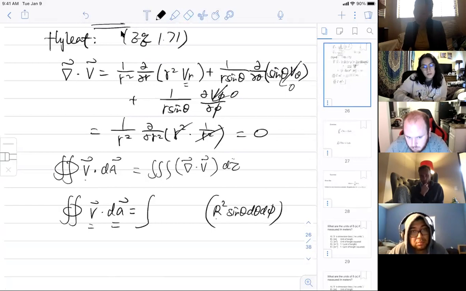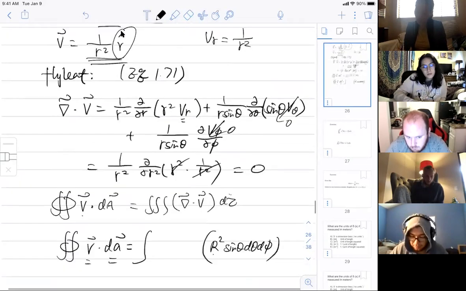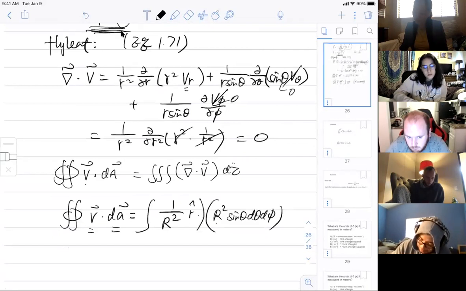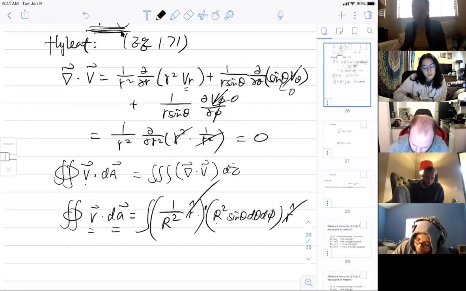And my V, of course, at this particular length is 1 over R squared. And you can see V is in the R hat, the area is in the R hat. So with the dot product, we get rid of the R hat. I get a scalar.